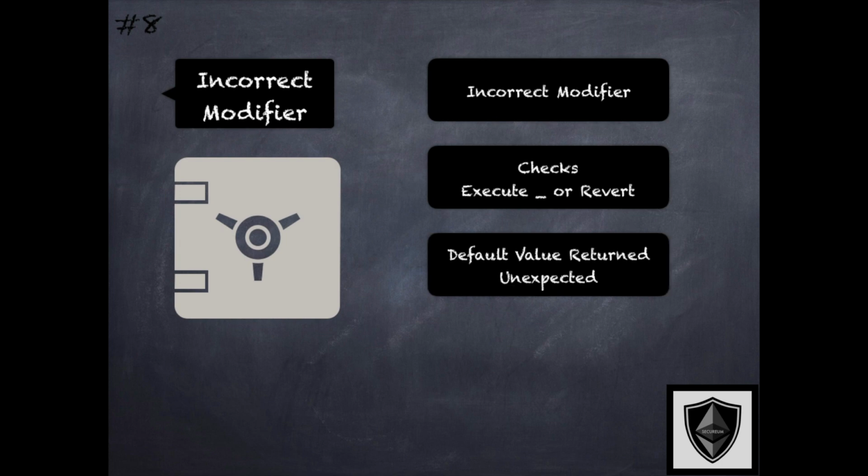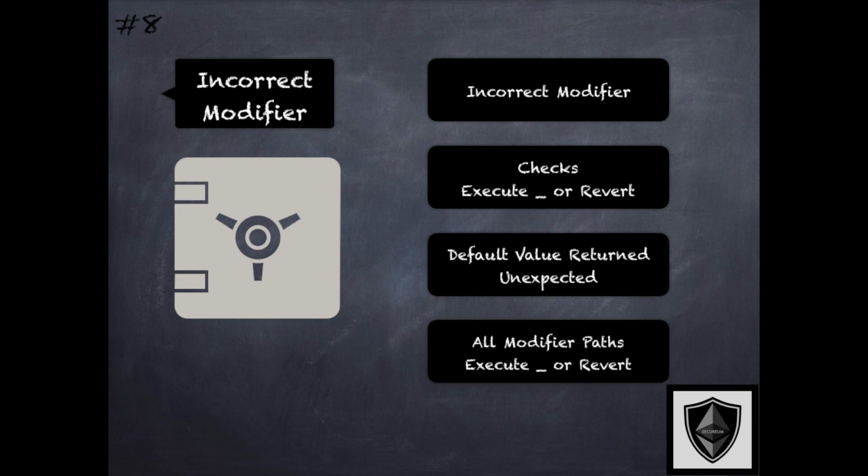Recall that in the context of Solidity, underscore inlines the function code on which the modifier is applied. So if this does not happen along any particular control flow path within the modifier, then the default value for that function is returned. And this may be unexpected from the context of the caller who called this function on which this modifier is applied.